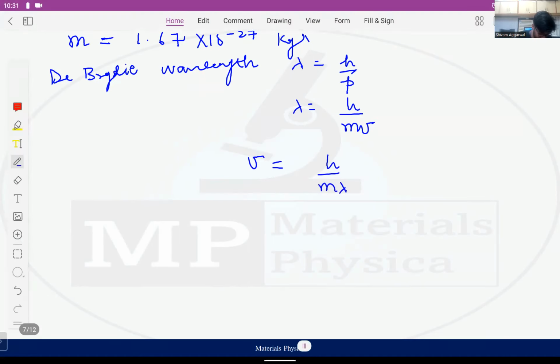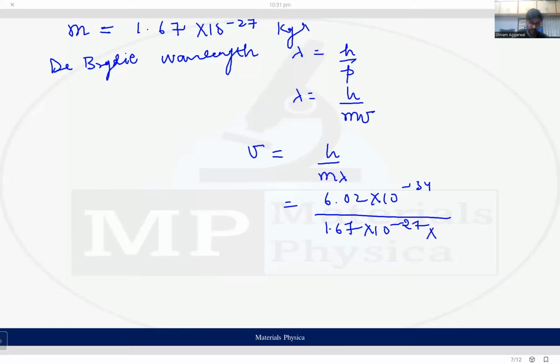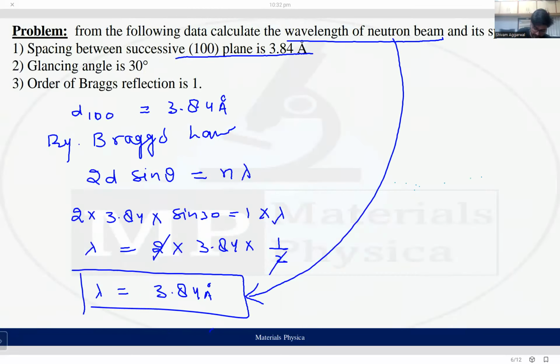The value of h is 6.62 into 10 to the power minus 34 joule second, the value of m is 1.67 into 10 to the power minus 27, and the value of lambda, as we calculated in the first part, is 3.84.